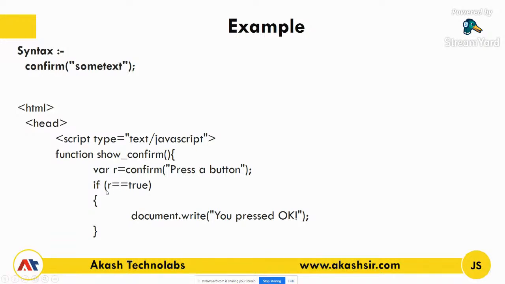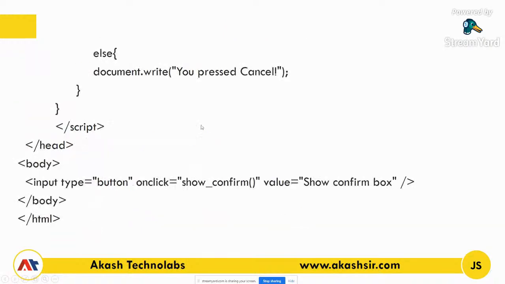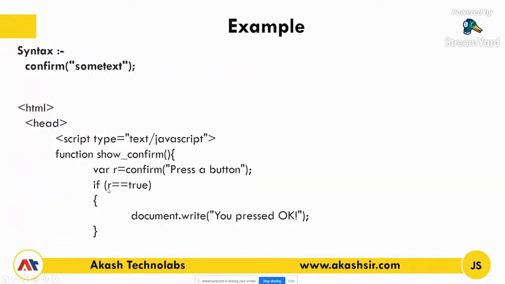If it is true, then the user has clicked OK, else the user has clicked cancel. This is one simple example of an if condition. Here you can see the if condition is used, and also the equals to operator, assignment operators and comparison operator.